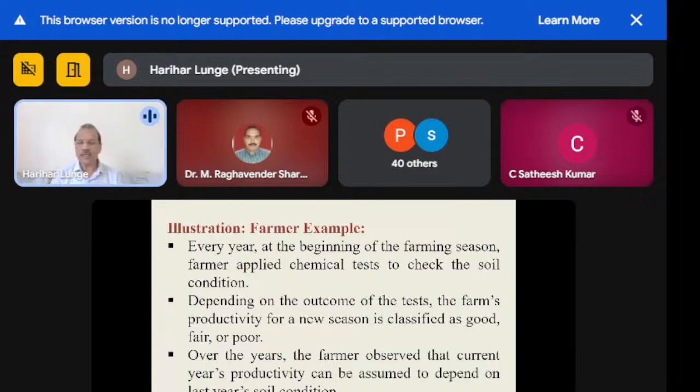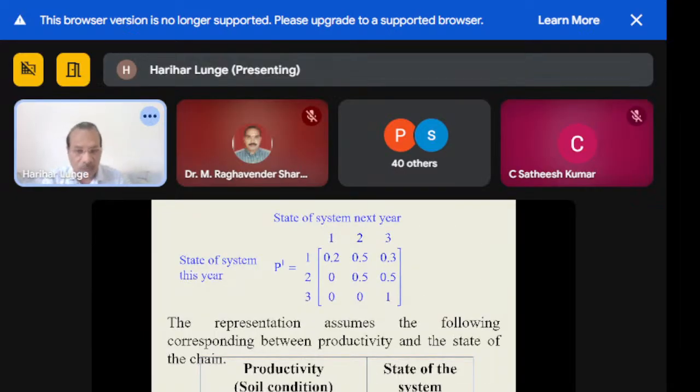So transition probabilities over a 1 year period from one productivity state to another can be represented by a Markov chain. So here we have the Markovian, and this problem becomes a Markovian decision problem. Here we assume that there are three states, 1, 2, 3.